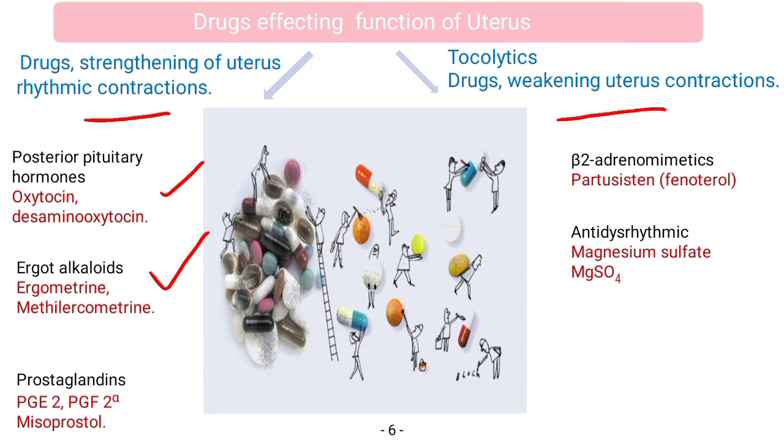And the drugs that weaken the contraction of the uterus include ritodrine, which is also available by the name of phenoterol, and magnesium sulfate, which is also classified as an antidysrhythmic drug.